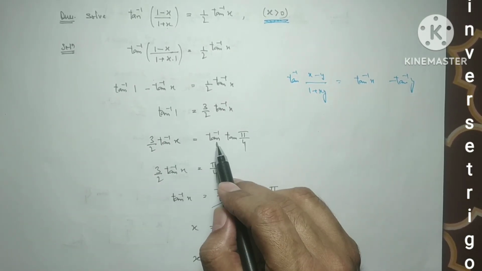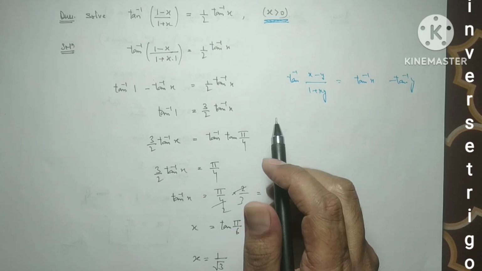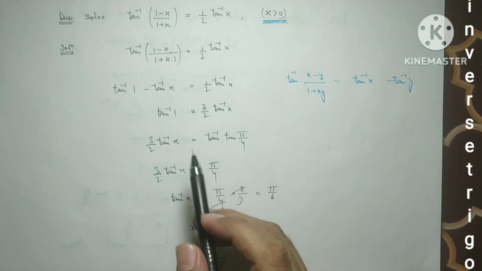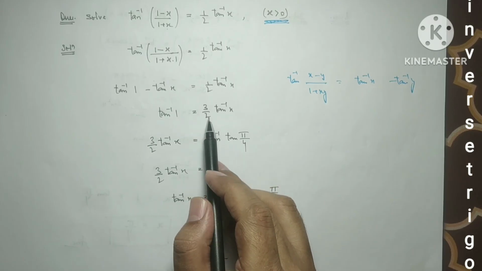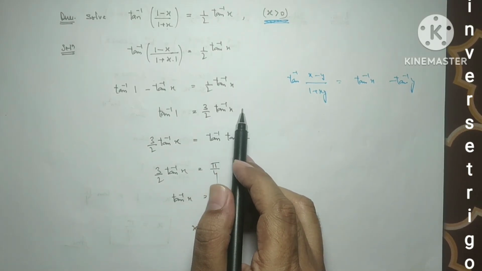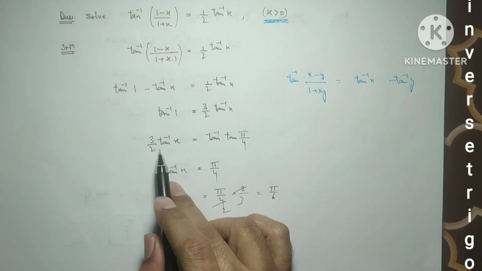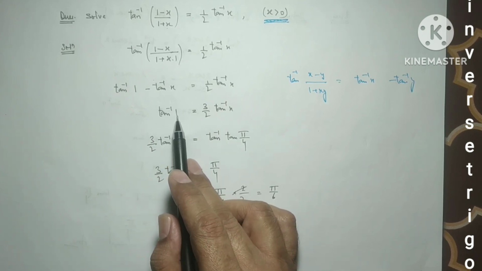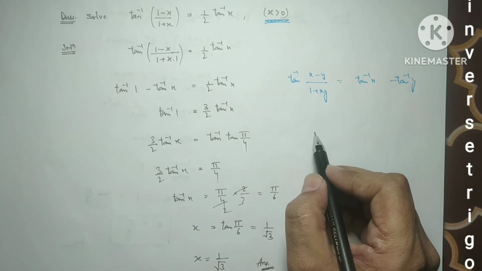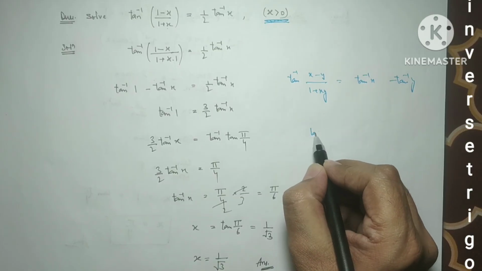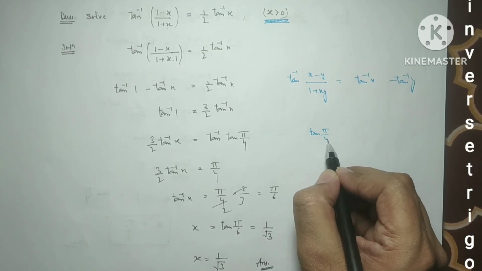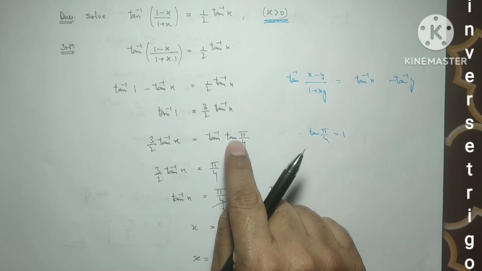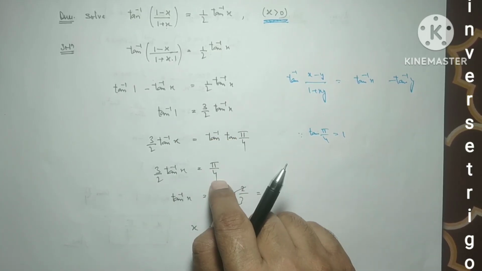So tan inverse 1 is tan inverse of tan pi by 4. So tan inverse 1 equals to 3 by 2 tan inverse x. So right now this is 3 by 2 tan inverse x equals to tan inverse 1, and we substitute the value of 1 as tan pi by 4. So tan pi by 4 equals to 1. We put it here and we get pi by 4.